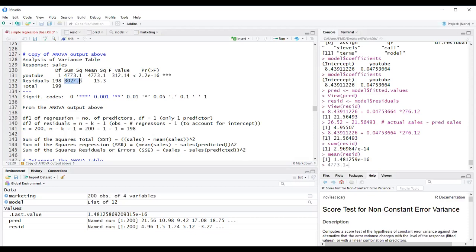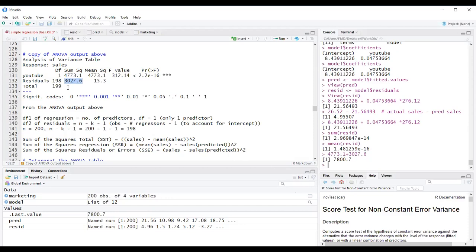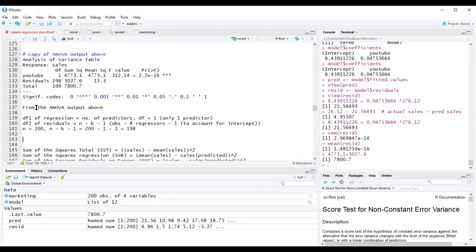And then the sum of the squares of the total. Sorry, SSR is equal to SS, sum of the squares, guys.